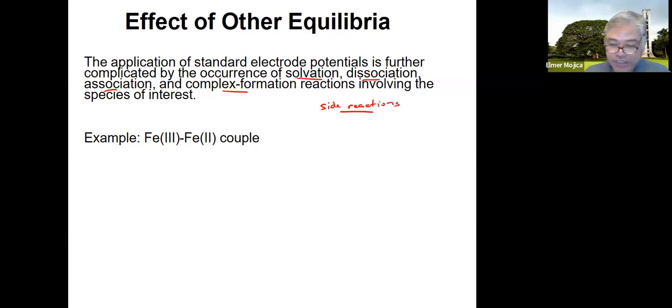For example, in the case of the iron 3 and iron 2 couple, there is some complex formation that is being observed. So the effect of other equilibria systems: we can look at the different potential of this iron electrode.